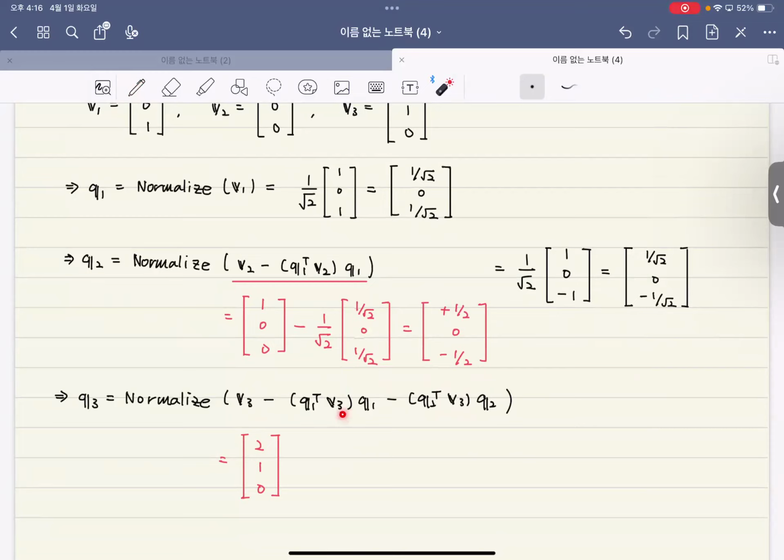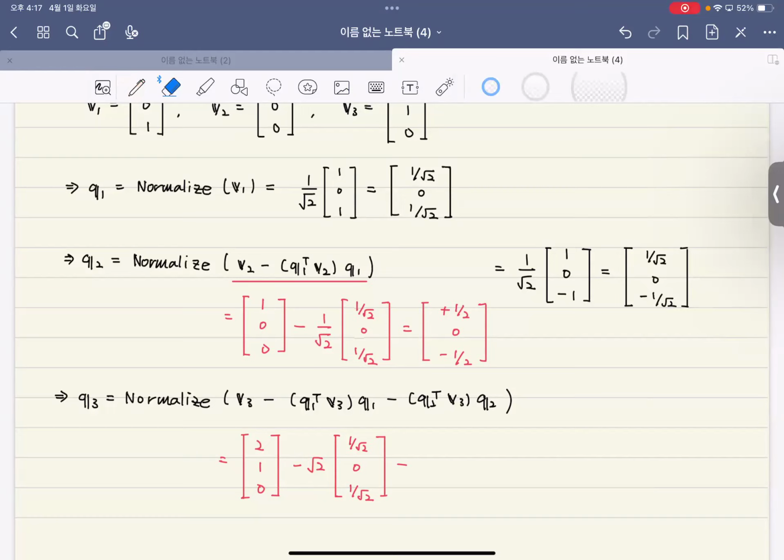V3 inner product with Q1 is 2 over square root of 2, which is just square root of 2. Sorry, it's getting tedious.